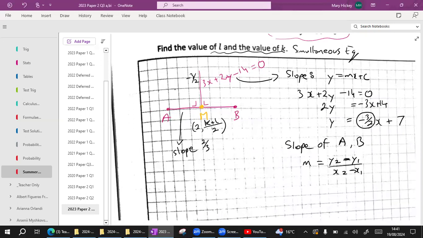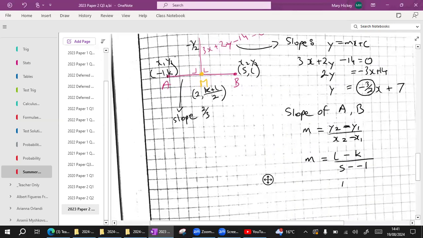My point A is (minus 1, k) from the previous section, and B is (5, L), again from the previous section. If I label x1, y1, x2, y2, my slope is going to be L minus k all over 5 minus minus 1. So just be careful with your signs here. So L minus k all over 6.